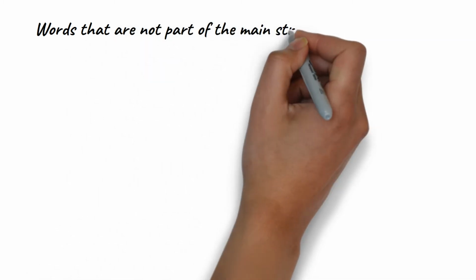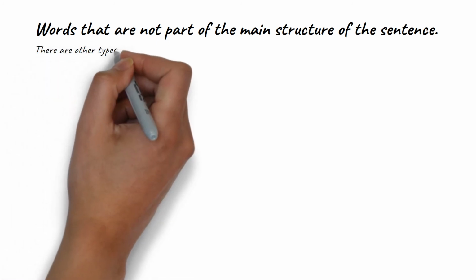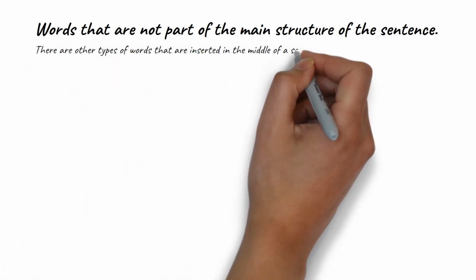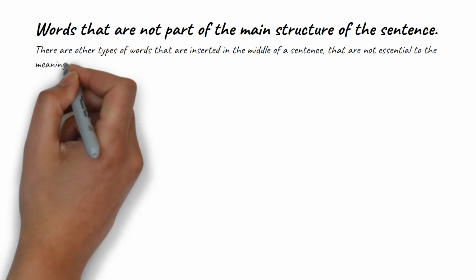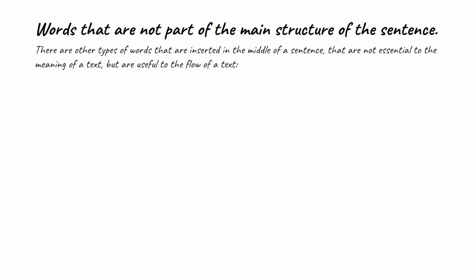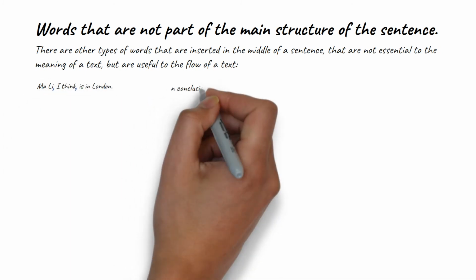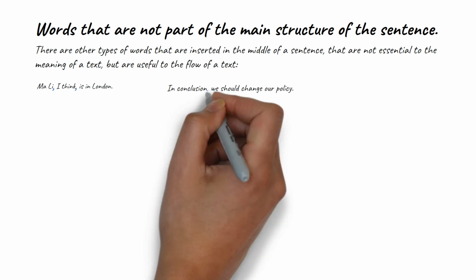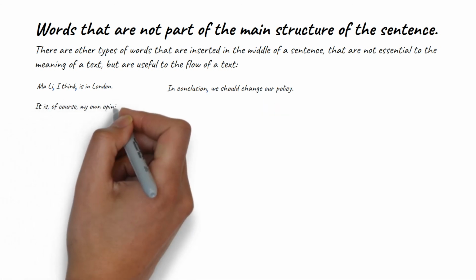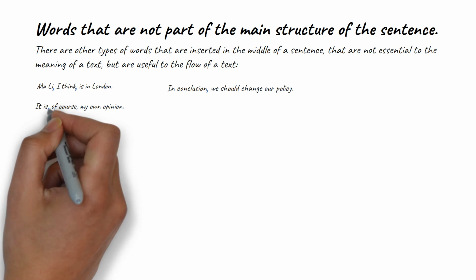Words that are not part of the main structure of the sentence. There are other types of words that are inserted in the middle of a sentence that are not essential to the meaning of a text, but are useful to the flow of the text. Mali, I think, is in London. In conclusion, we should change our policy. It is, of course, my own opinion.